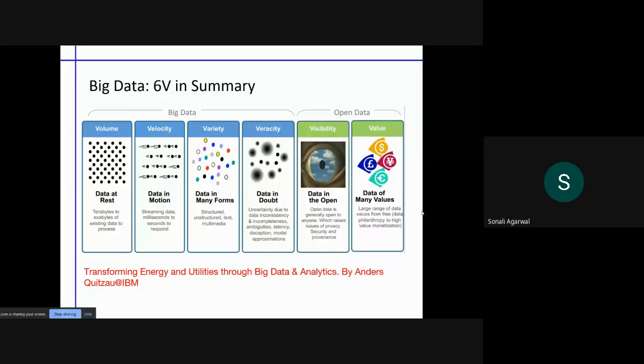Then what about the next one? So you see the other V, that is the velocity part. If we consider this velocity part, we are assuming that the data is in motion. Data in motion means data is arriving at a very high speed. You can imagine a simple scenario: suppose we are doing some Twitter analytics or social media analytics, and for any particular announcement or post you want to calculate the sentiment.